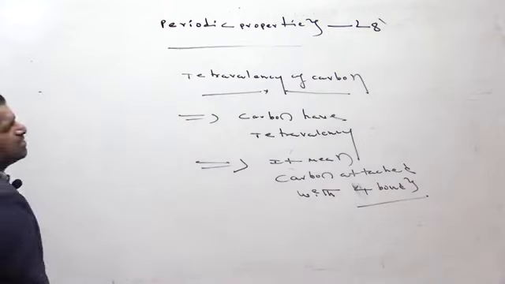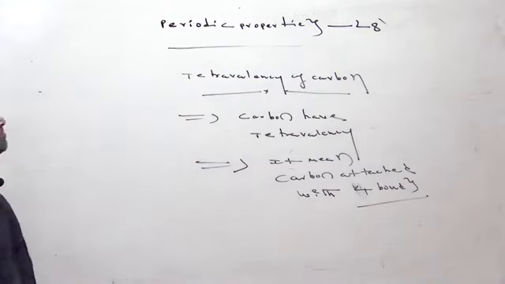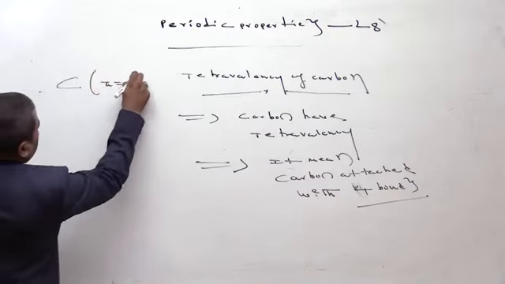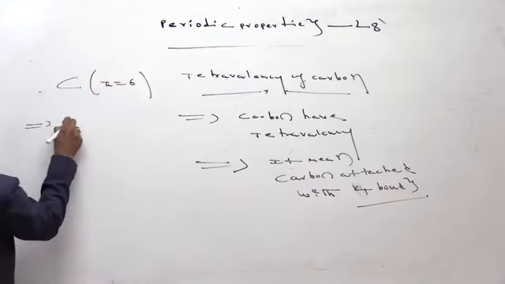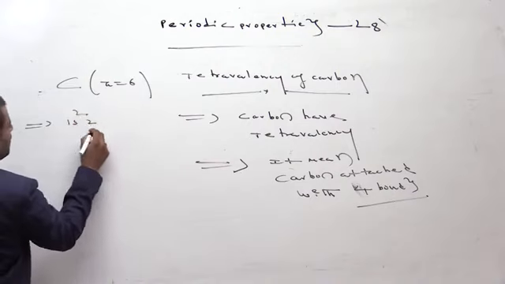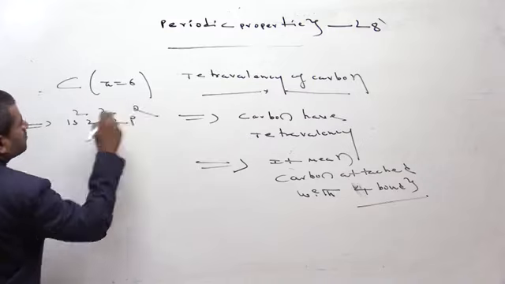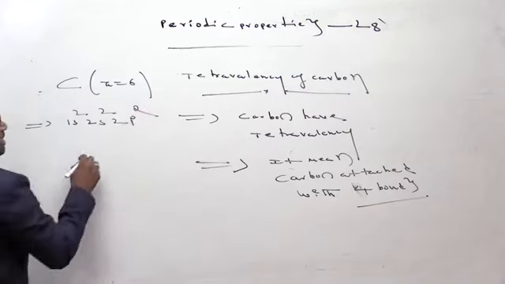Why is carbon attached to 4 bonds? Why does carbon show tetravalency? The reason: carbon atomic number Z is equal to 6, the electron configuration is 1s2, 2s2, 2p2. This is called the outermost shell electron configuration.